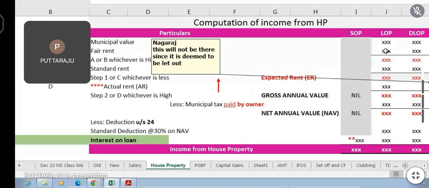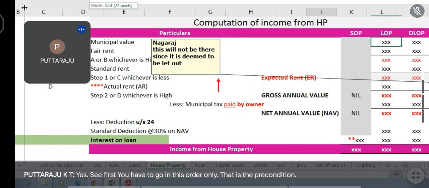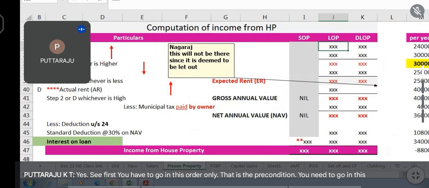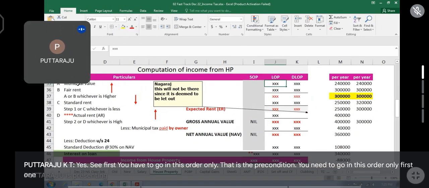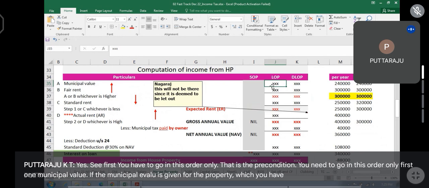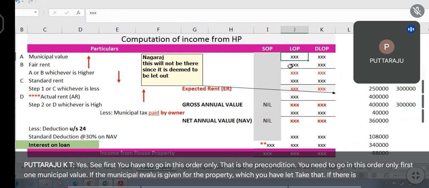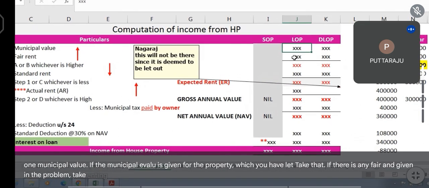Okay, see. First, you have to go in this order only. That is the precondition. First one, municipal value. If the municipal value is given for the property which you have let, take that. If there is any fair rent given in the problem, take that.